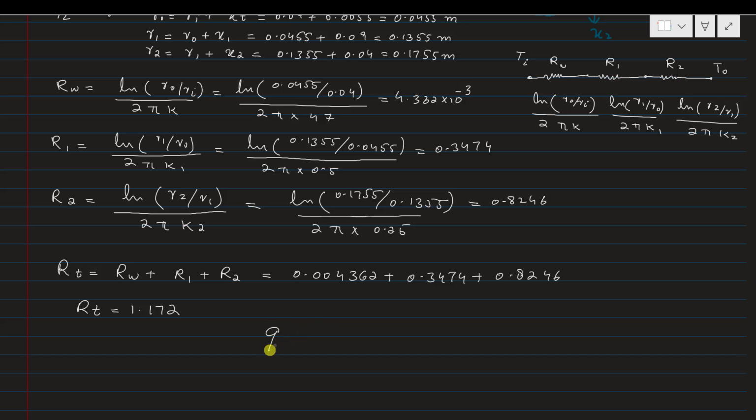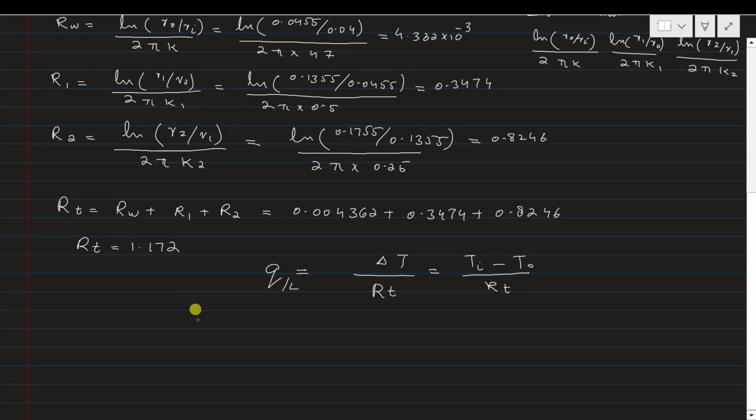The heat transfer per unit length is equal to the temperature difference divided by the total resistance, that has been calculated. So the temperature difference is Ti minus T naught, divided by R total. So what is Ti minus T naught?